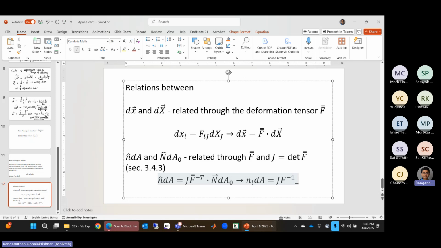Usually we write F Ii, I being spatial, J being material. But since this is a transpose, this would be Ii multiplied by N, and N is a material vector. So you would have Ni dA naught.